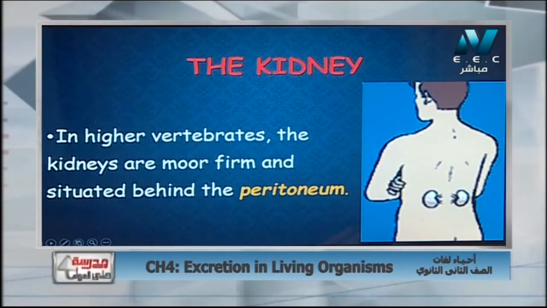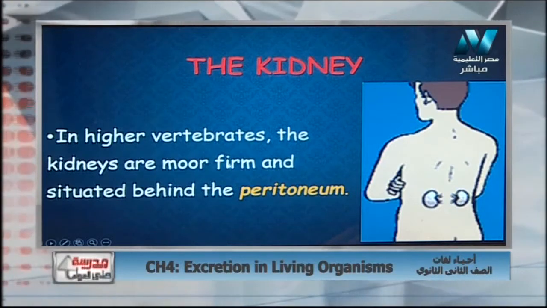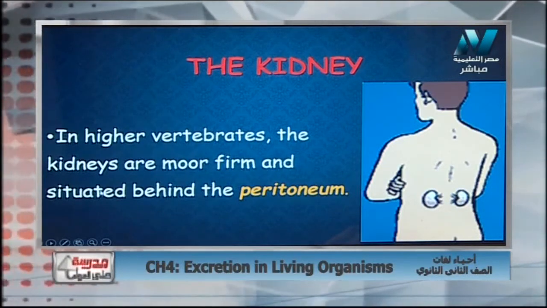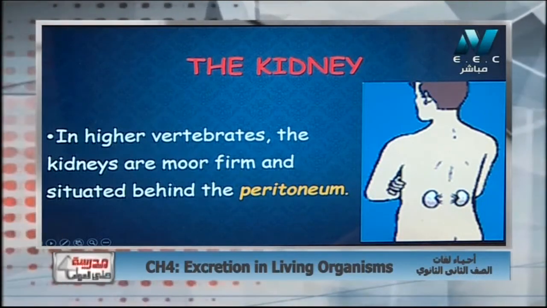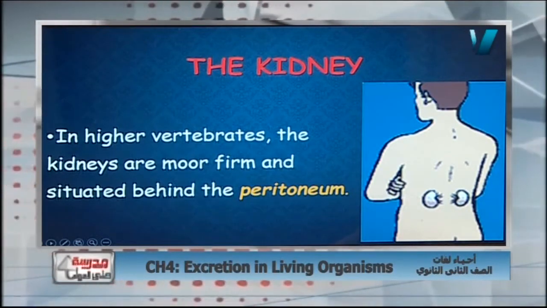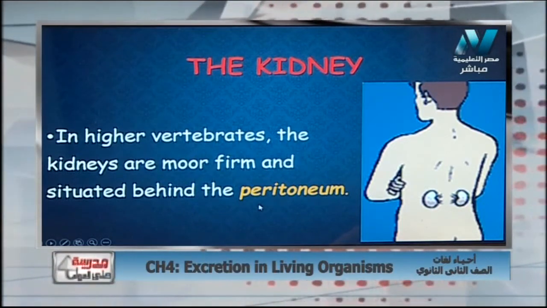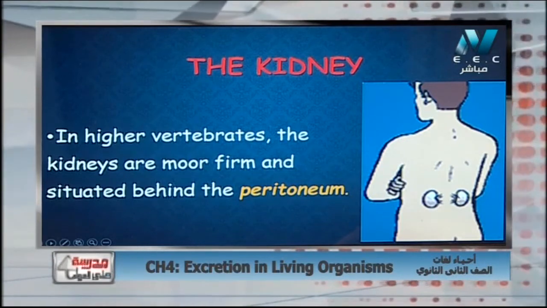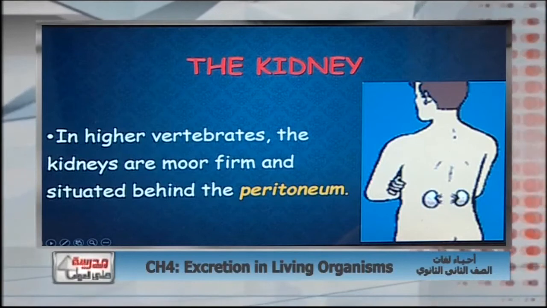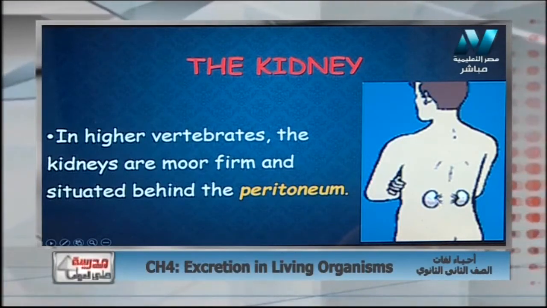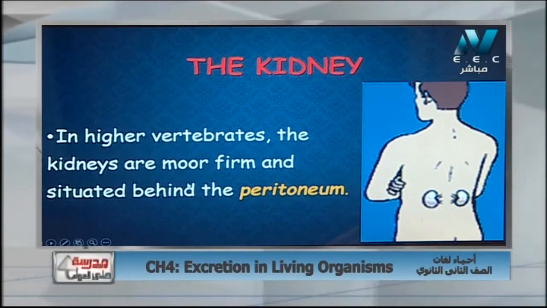But in higher vertebrates, like human beings, the kidneys are more firm and located behind the peritoneum membrane, also at both sides of the vertebral column, as you see here in this picture. So we have two kidneys at both sides of the vertebral column, which runs in the middle of the body, behind the peritoneum membrane.